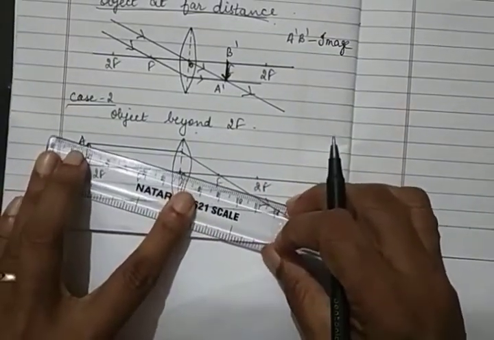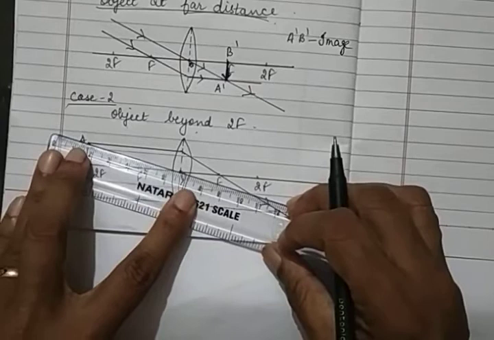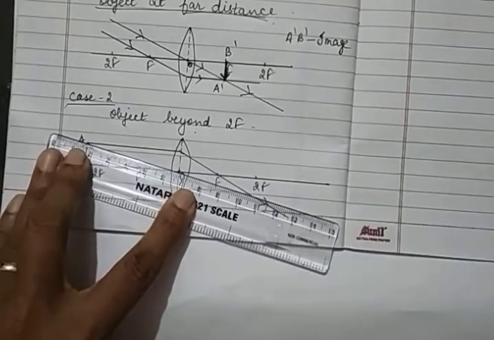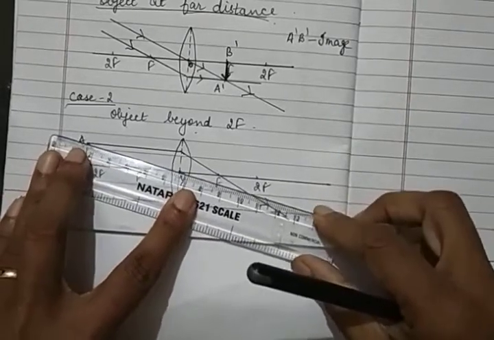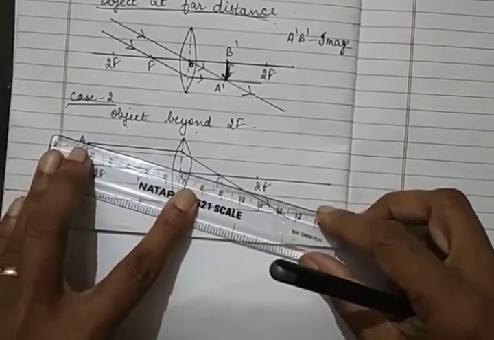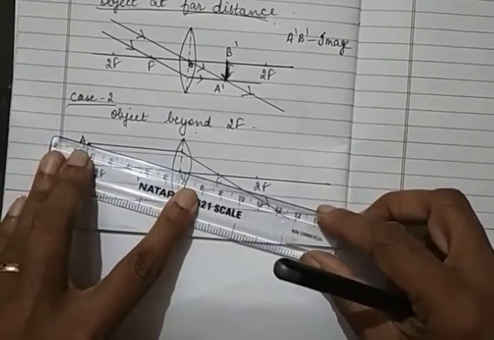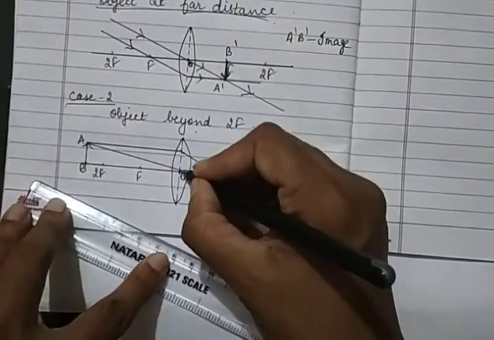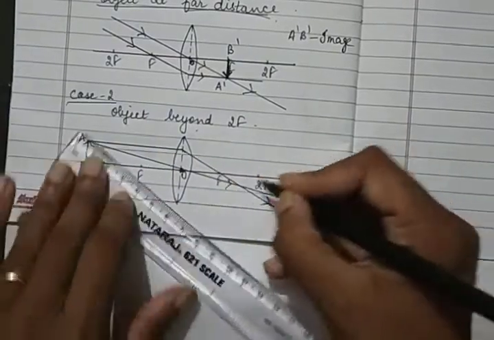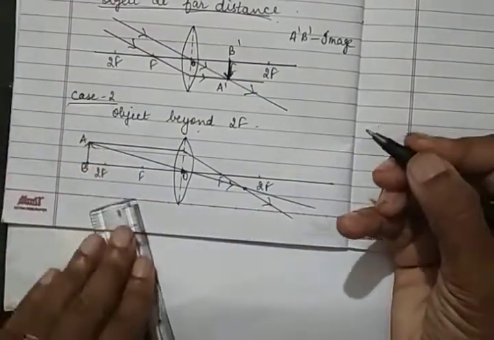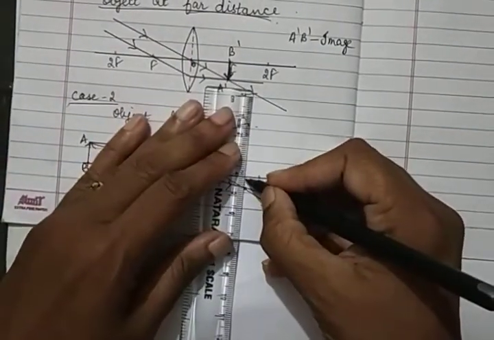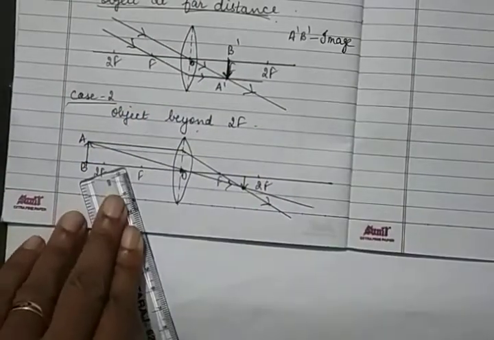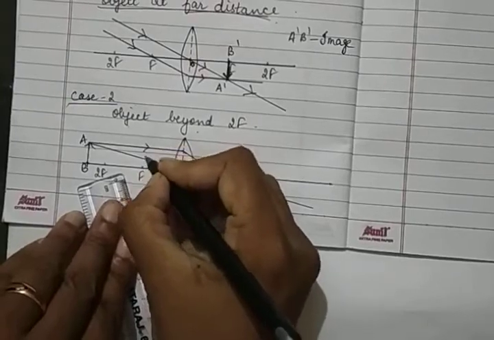Second ray, passing through the optical center. So the incident ray passing through the optical center will go straight. And so your image will be formed somewhere here, and it will also be an inverted image.